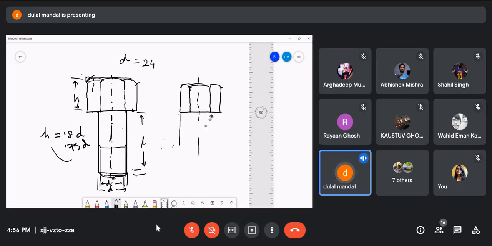Draw the projection line. Okay, so this is your internal threading diameter.